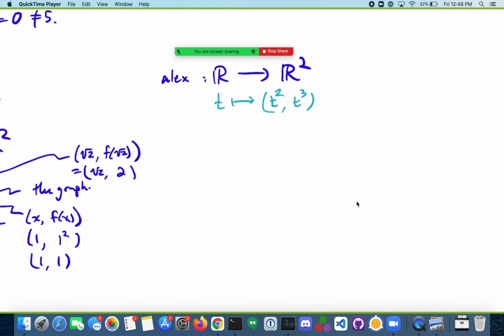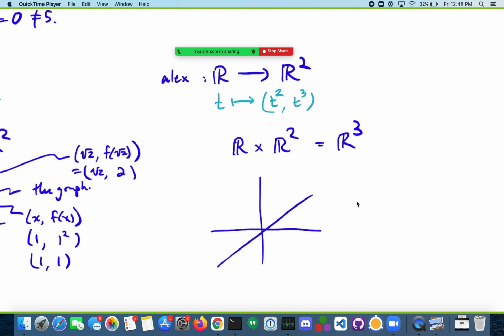So if I take the graph of this, now I need to do the whole input space cross the output space, which will create a bigger space. In this case, it's a 3-dimensional space. So the graph lives in 3 dimensions, and I chose this example because I know the answer. This little dotted line here is a parabola in the first 2 coordinate planes.